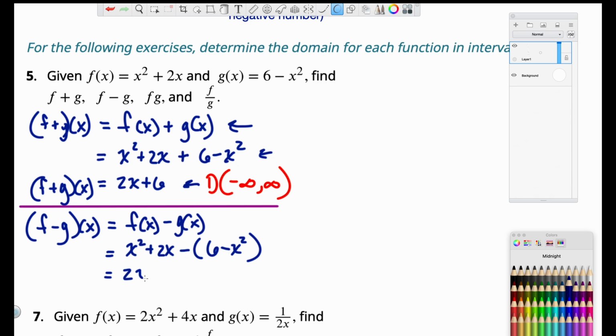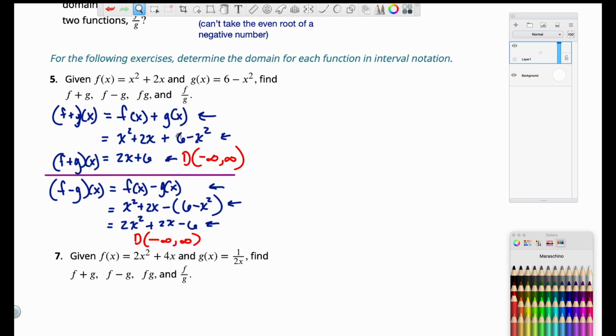So this is going to be 2x squared plus 2x minus 6. And as we see in each one of these, there's nothing being divided by 0 here. There's no radicals. So our domain is going to be all real numbers, negative infinity to infinity. All right, that one's done.